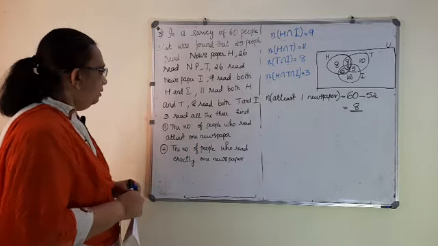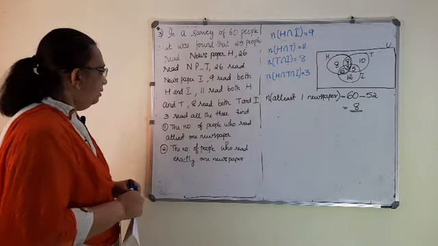The number of people who read exactly one newspaper is equal to: how many read only H newspaper? That is equal to 8. Plus how many read only T? Only T is read by 10.